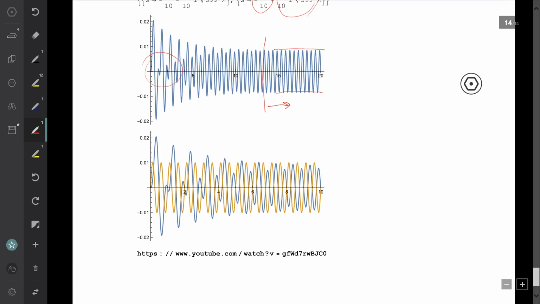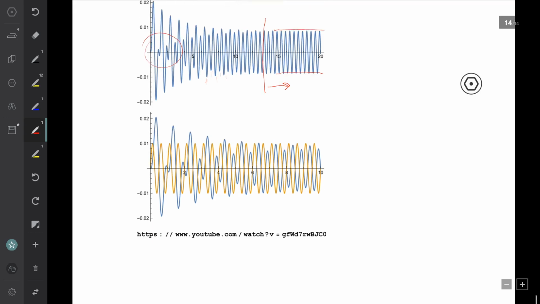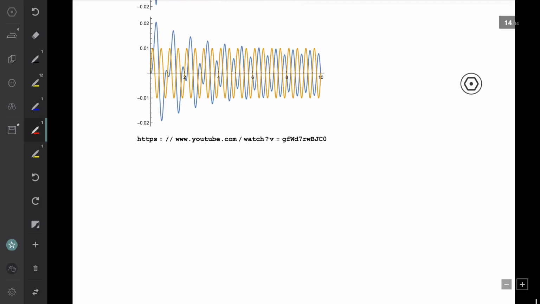One's high, one's low, one's high, one's low, until eventually it gets to steady state and settles down. It's a little harder to see, but there's still a phase shift between the input and the output, and for each input peak, there's an output peak. So that means that the output is shaking at the frequency you're forcing it to do.